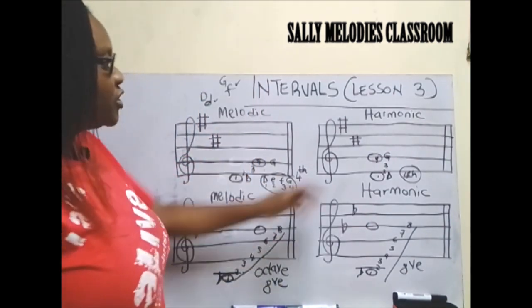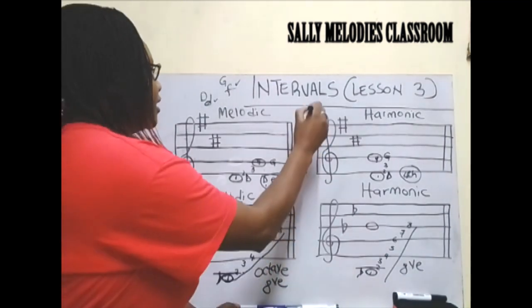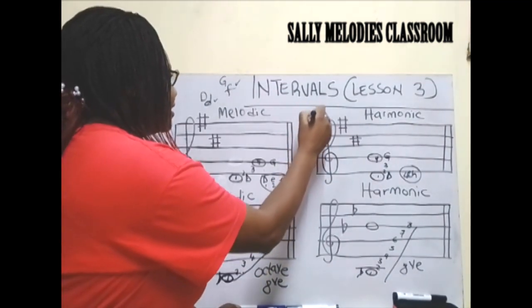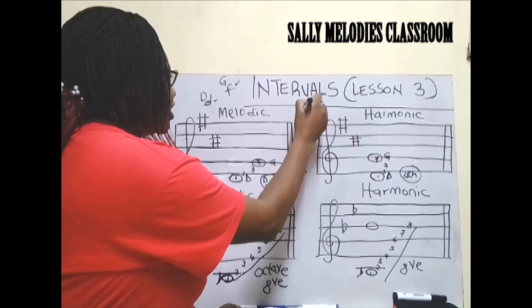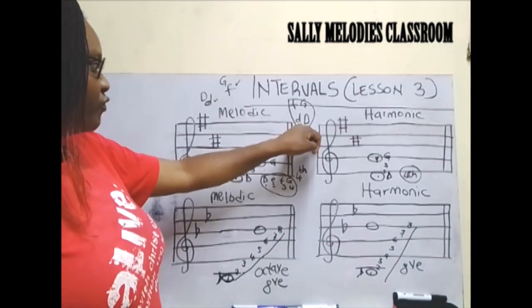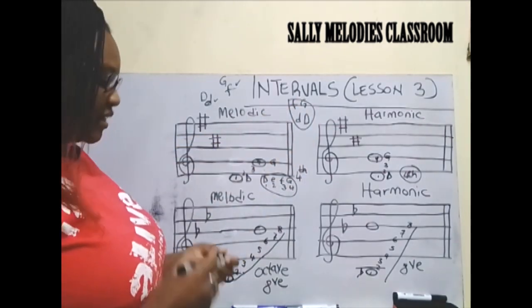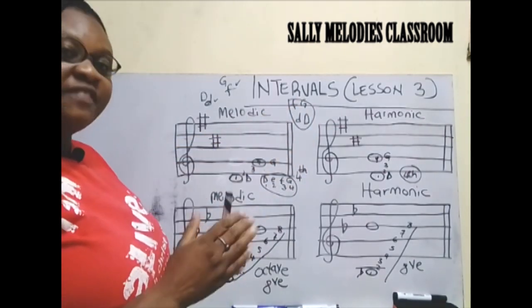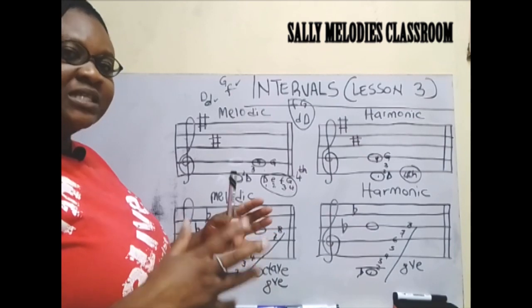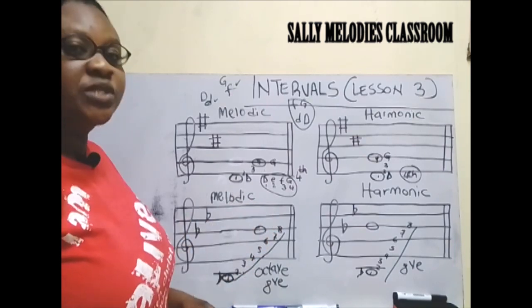But when we come to harmonic, you sing D and G at the same time. There is one voice singing Do and there is another voice that is singing Fa. That is the only difference. The interval is the same, but how you execute it, how you sing it or how you play it.